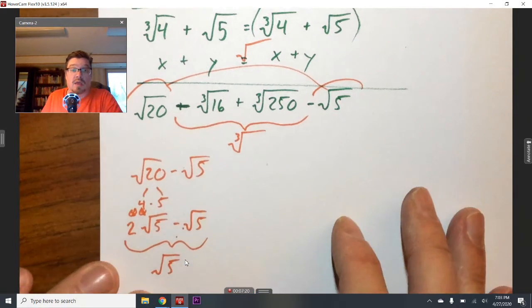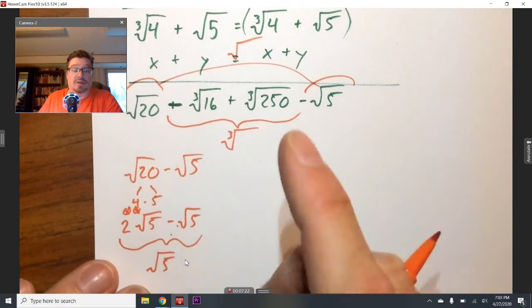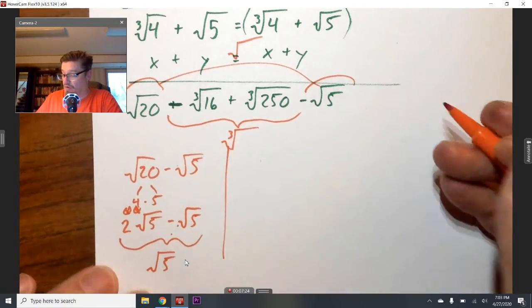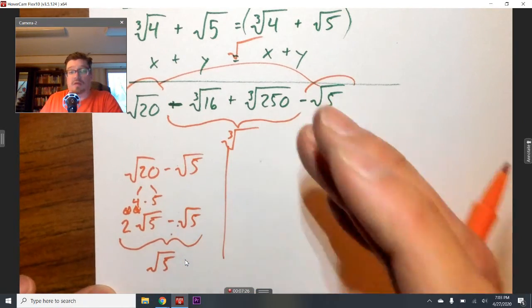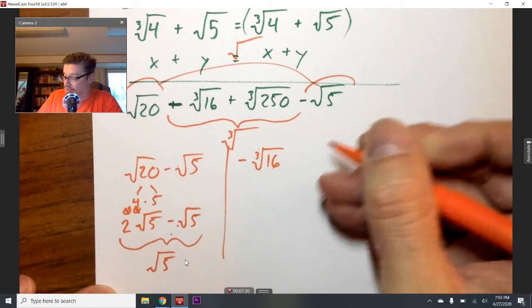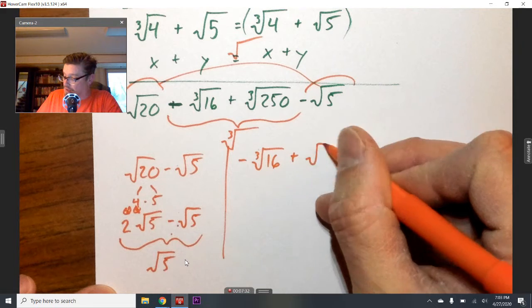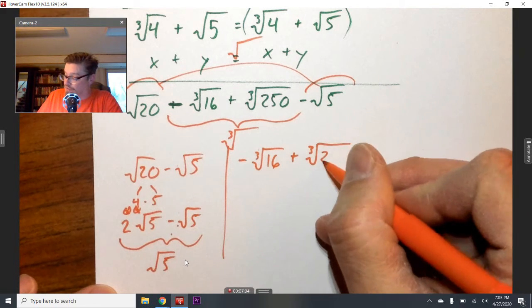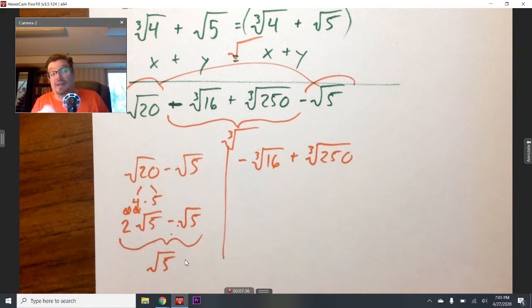Now these two, I'm going to create my own category here. I have negative cube root of 16 plus cube root of 250. Now I want to find triples of factors inside 16 that I can take out.